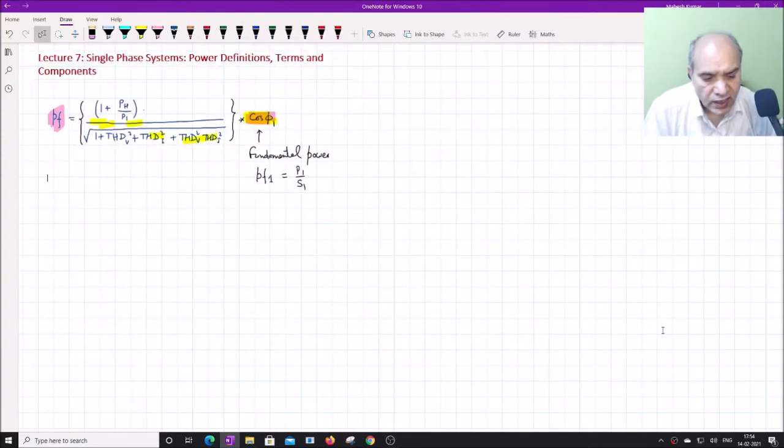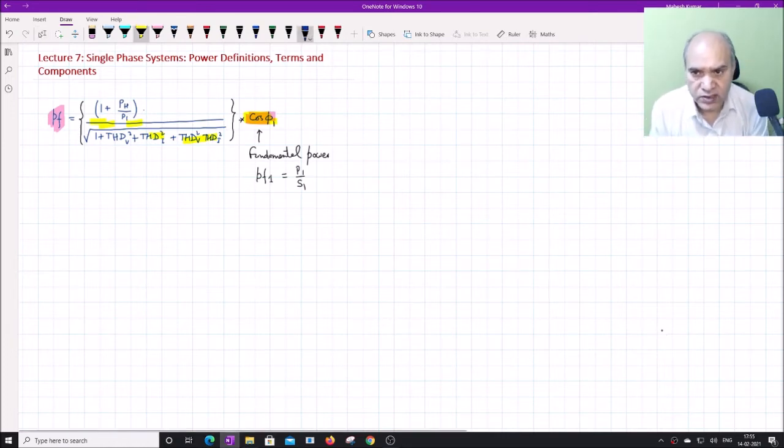In the previous class, we derived the relationship for power factor in terms of the various powers, harmonic power and fundamental power, and the THD values of the voltage and current, as you can see from this expression.